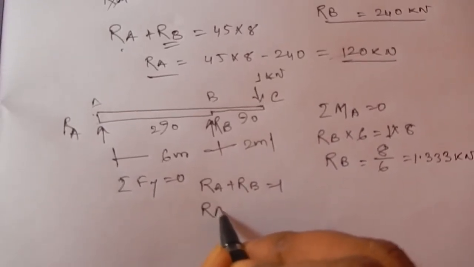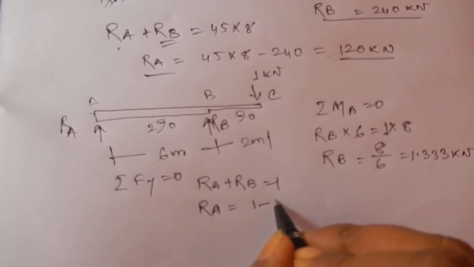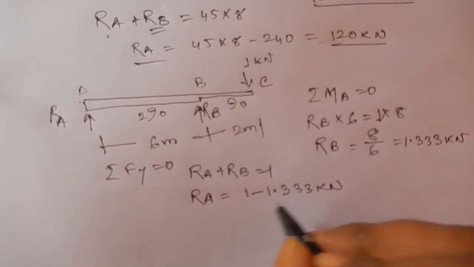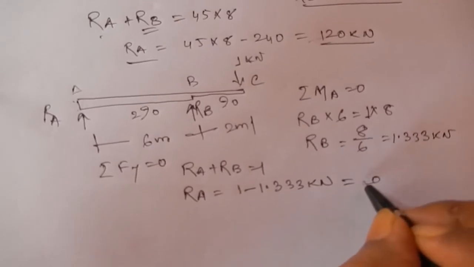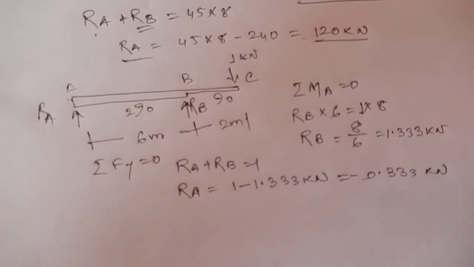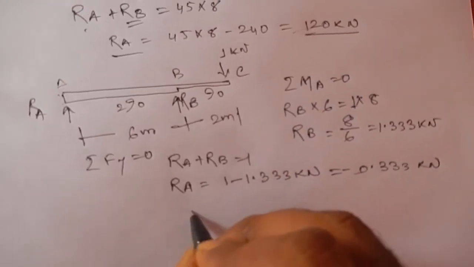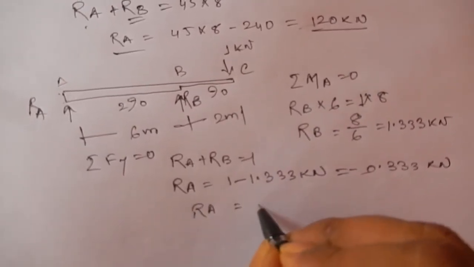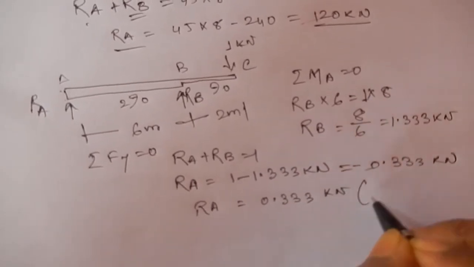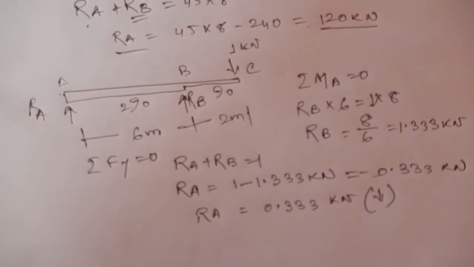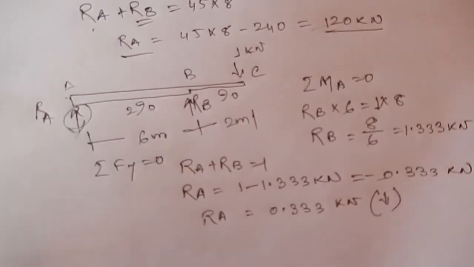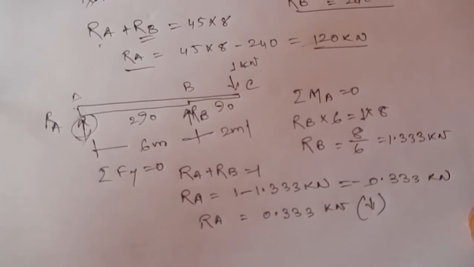RB value is known, so this is 1.333 kilonewton. So we can get RA equal to minus 0.333 kilonewton. That means basically RA is 0.333 kilonewton, but the direction is downward. So the direction we have assumed is not correct, this will be downward direction, right?